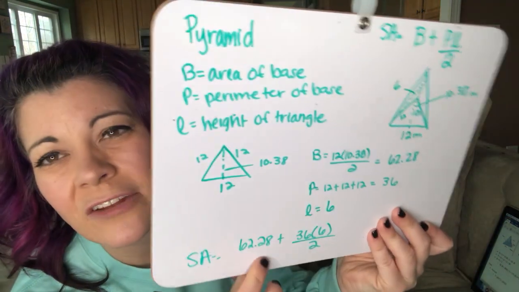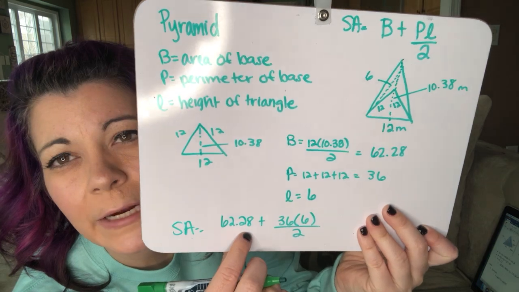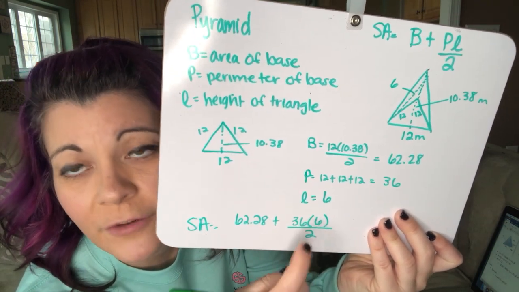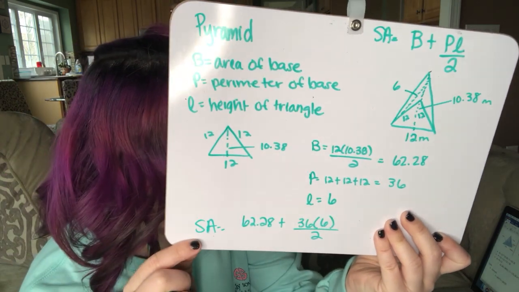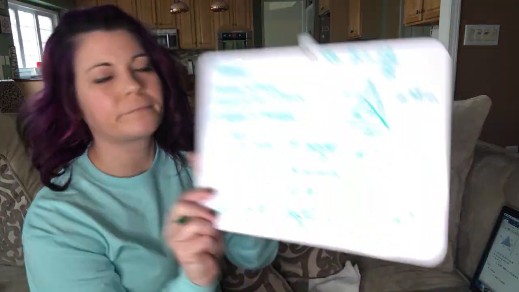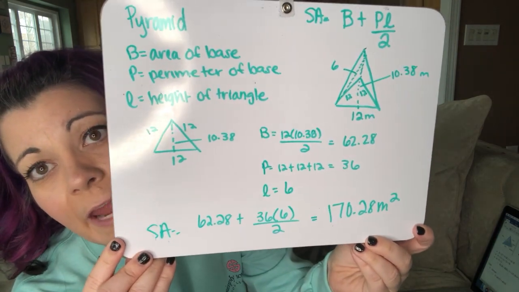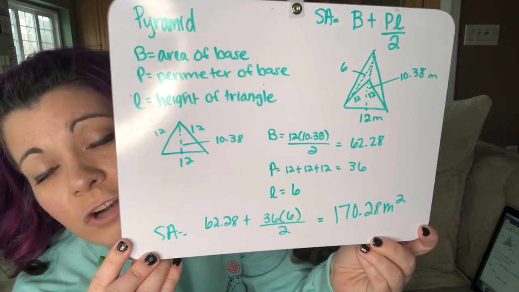I'm going to follow PEMDAS, so 36 times 6 divided by 2 first, and then I'll add it on to 62.28. Once I do all that, I get 170.28 meters squared. That is how you find the surface area of a triangular pyramid.